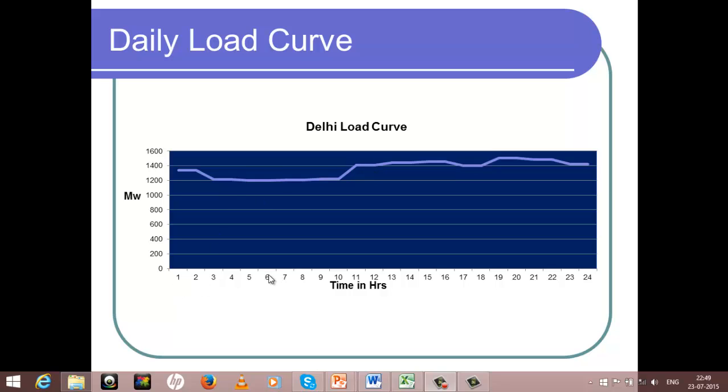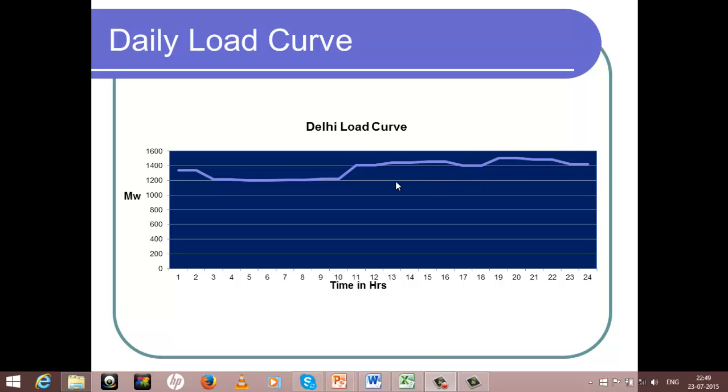If you want to see a particular time, between 5 and 6, that is the exact power at that time. And if you want to see the power at the 18th hour, this is the corresponding power consumed at that time.